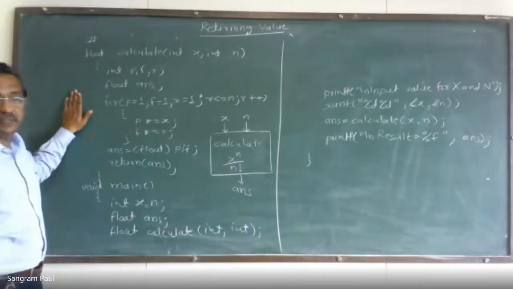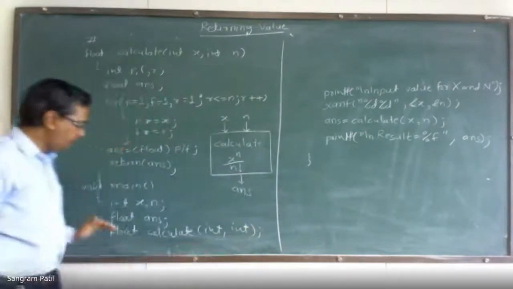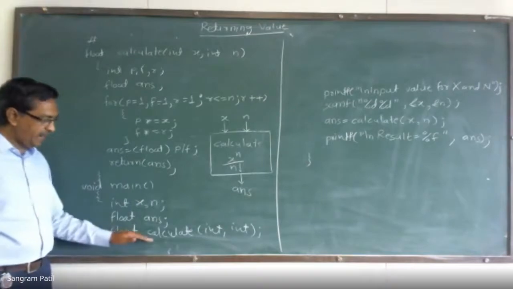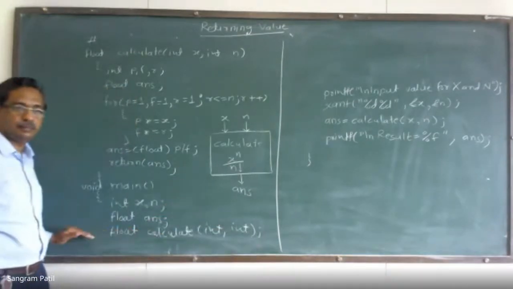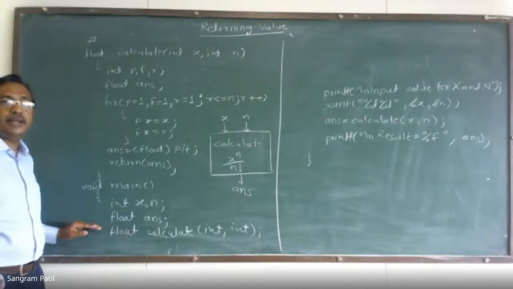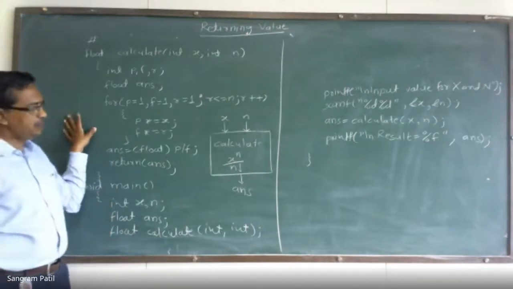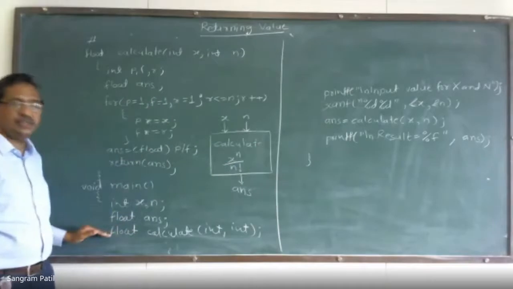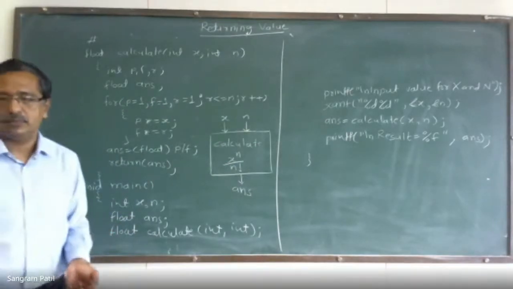If we are writing this function after the main program, then in main program you have to declare it like this: float calculate, open bracket, int, comma int, semicolon. This is called as a declaration, or you can say a prototype of a function, if you are writing function after the main program. If you are writing function before the main program, then this is not required. Clear?